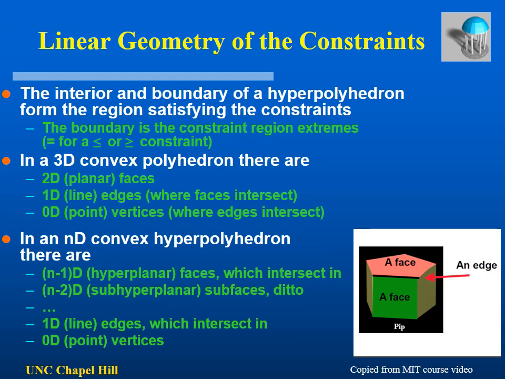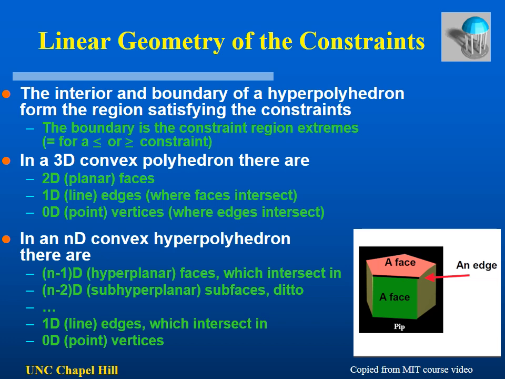Let's understand this polyhedron better. The polyhedron bounds a region of space in its interior. The interior, as well as the points on the boundary, are places where all the constraints are satisfied.